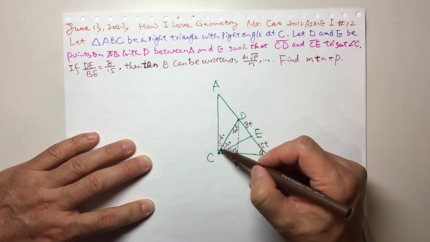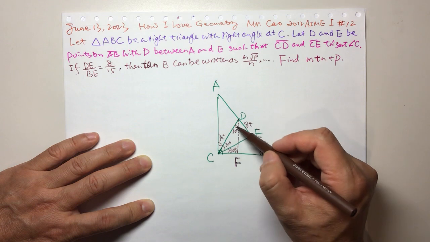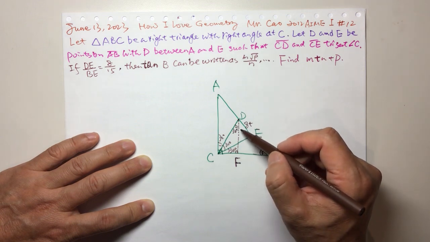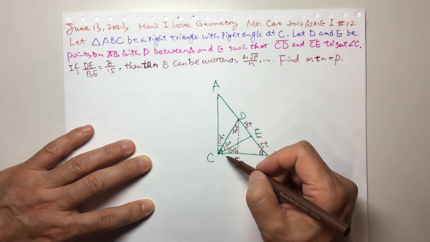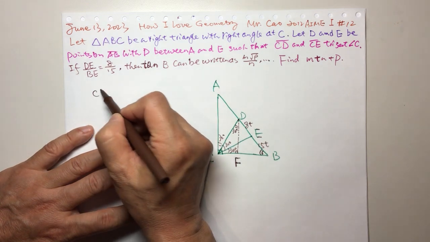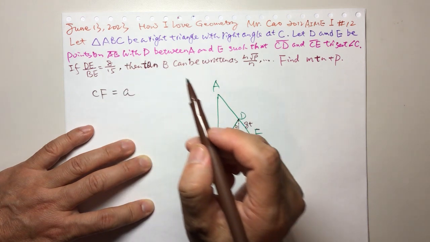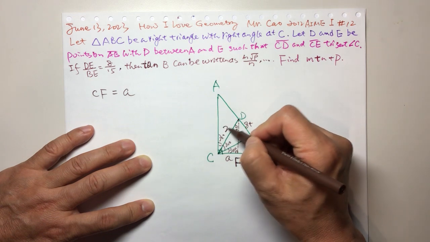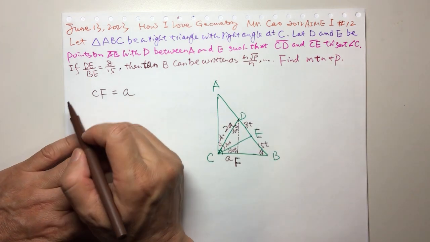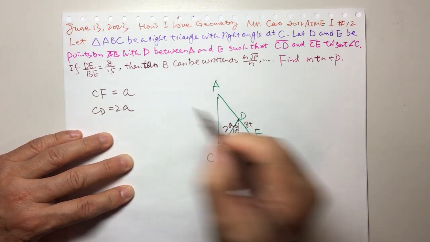Let us find the relationship between them, using the angle bisector theorem and special triangles. Let us suppose CF equals a, okay? If this is a, then CD will be 2a, right? CD equals 2a.